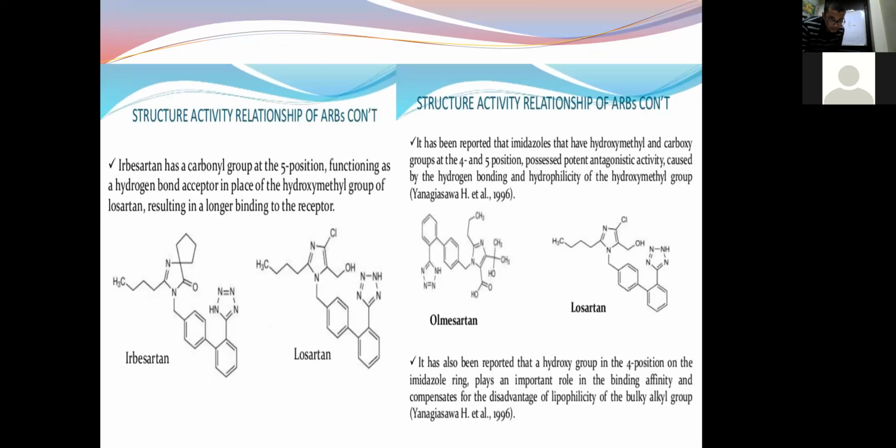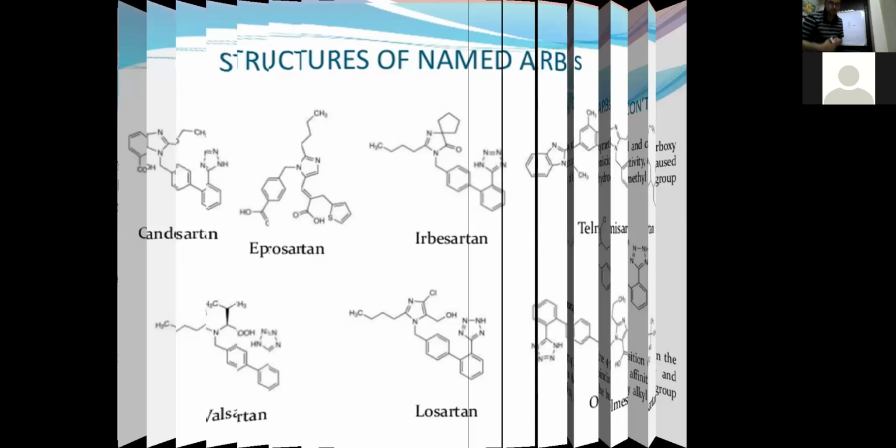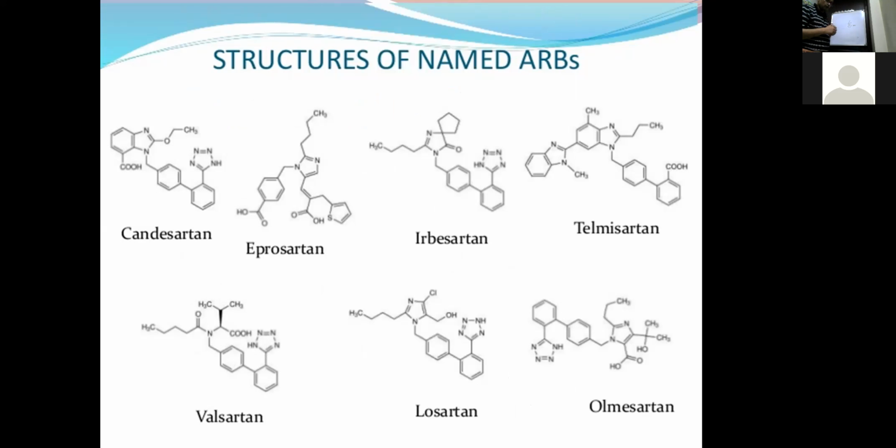Look at this properly, this structure of telmisartan. Usually I said it contains an imidazole, but in case of telmisartan, your imidazole is replaced by a benzimidazole. At the second position it is again connected by the same thing as the others.